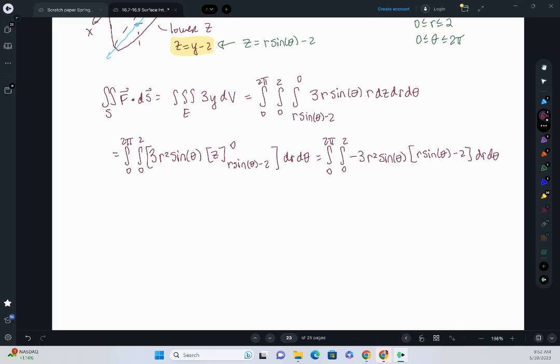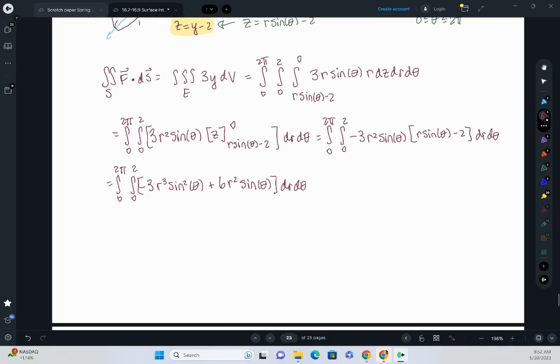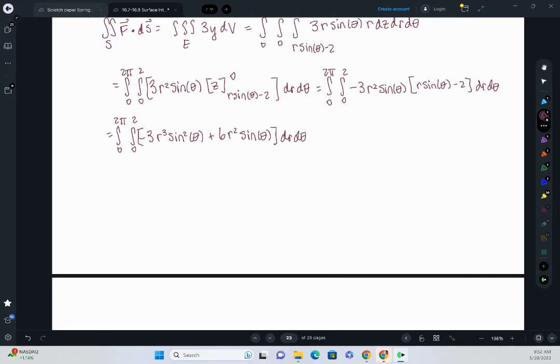Okay, so this gives me the integral from 0 to 2 pi, the integral from 0 to 2 of minus 3r cubed sine squared of theta plus 6r squared sine of theta dr d theta. So I'll go ahead and integrate with respect to r, and this is going to give me the integral from 0 to 2 pi.